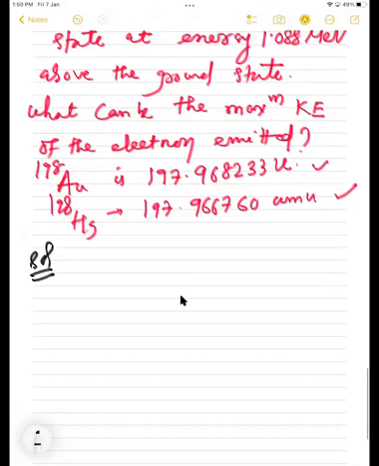See here, students, so what is the Q value?